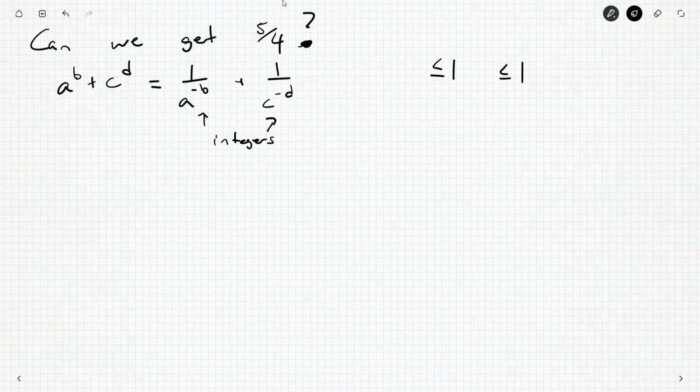So, if I'm going to get 5/4 out of something that's less than or equal to 1, and then this guy here is less than or equal to 1, is there any way I can do that? So we can't have, for example, C to the negative D be odd, because then we're doing something less than 1 and subtracting a value. That would make it even more less than 1.